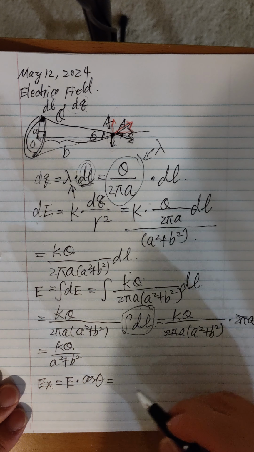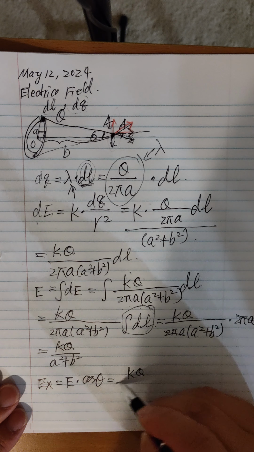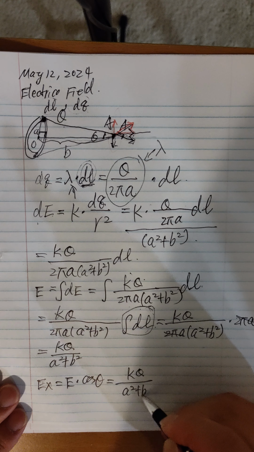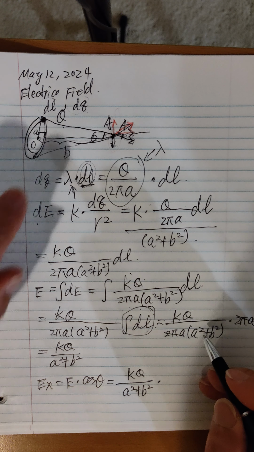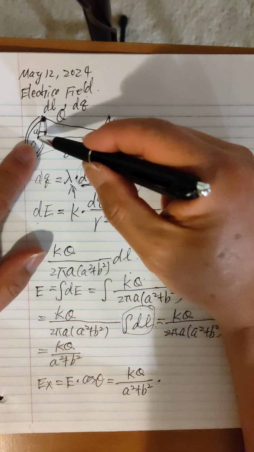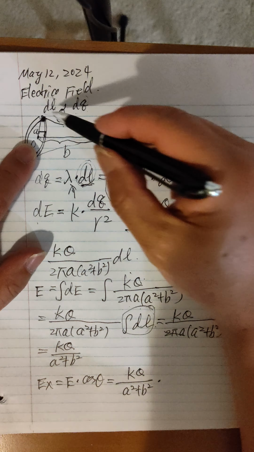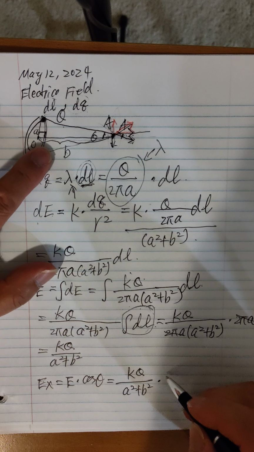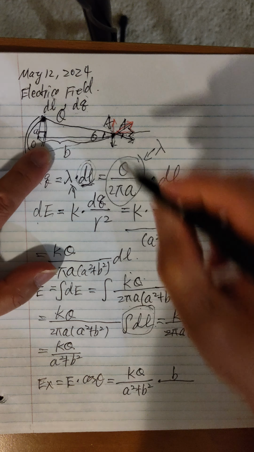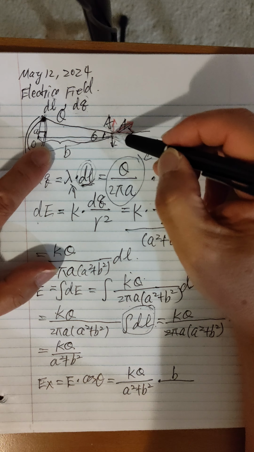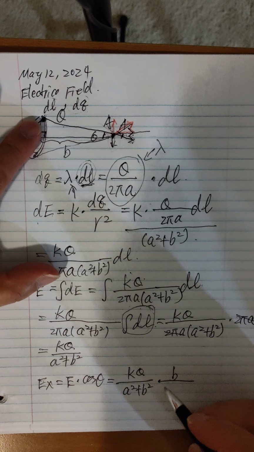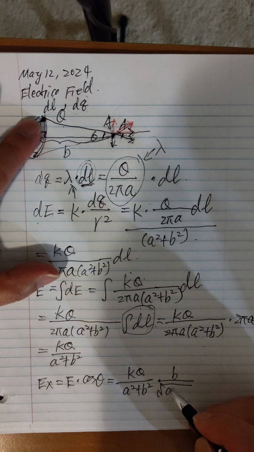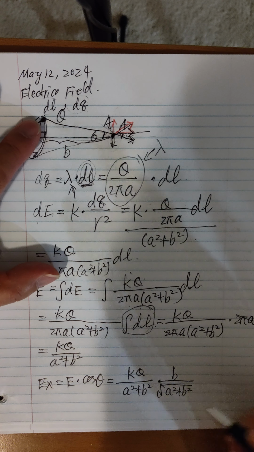E is this guy right here, kq over a squared plus b squared. The cosine theta is going to be this distance over the hypotenuse. So this distance is b over the hypotenuse, which, due to the Pythagorean theorem, is the square root of a squared plus b squared.